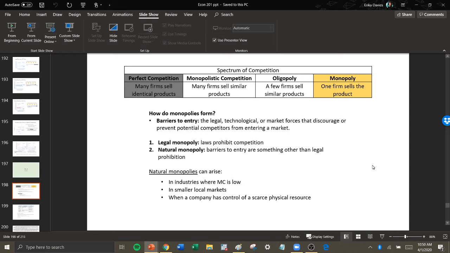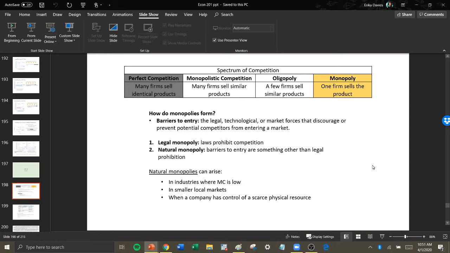In perfect competition, there's only a red square for sale. In a monopoly, we're still talking about one product, but one firm that is the only firm supplying red squares to the industry.